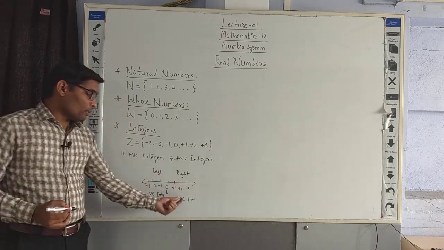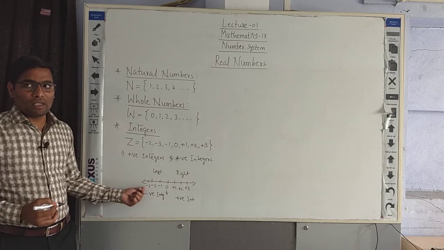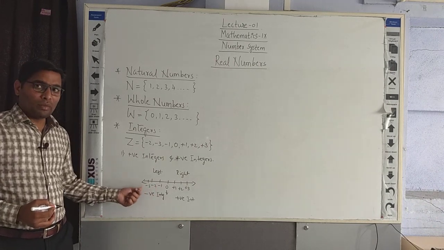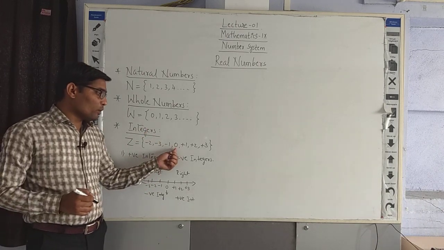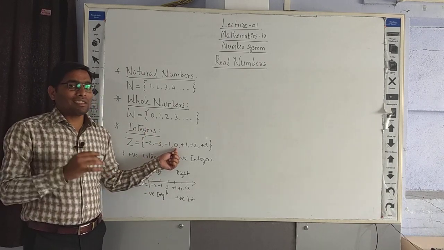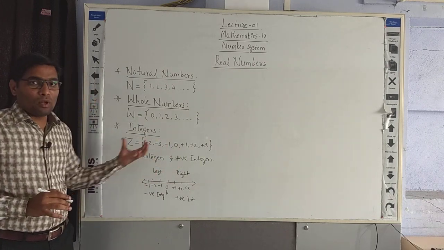Here examples of positive integers are plus 1, plus 2, plus 3, and examples of negative integers are minus 1, minus 2, minus 3. One more important point is that 0 is neither positive nor negative. So this is all about integers.